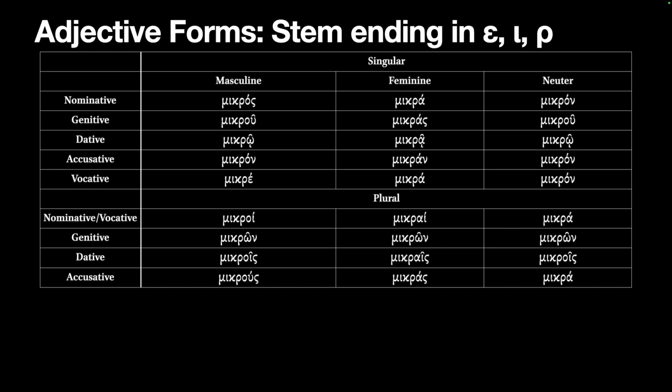Adjective forms that end in epsilon, iota, or rho are going to look like this. Very, very similar. The biggest difference is going to be over here in the feminine, where we have those alpha endings rather than those eta endings.